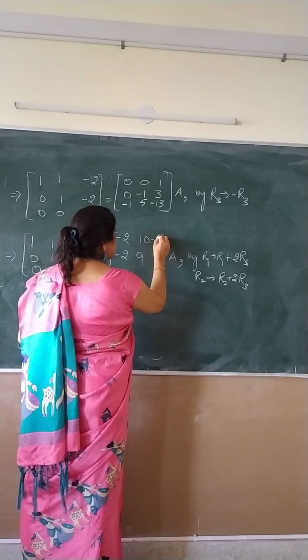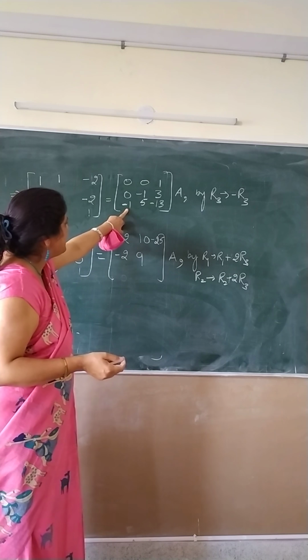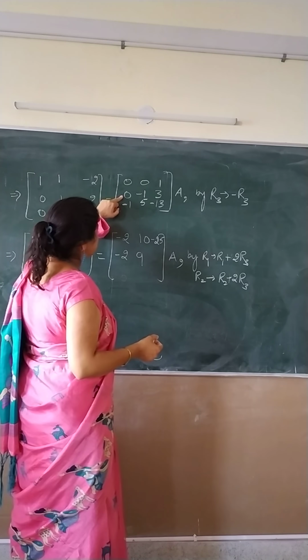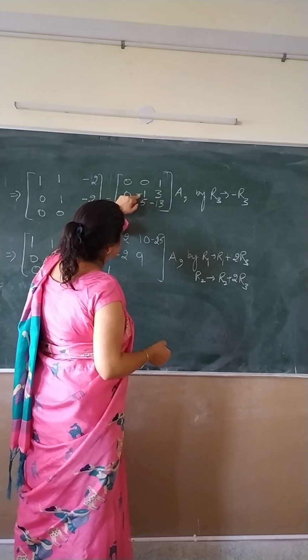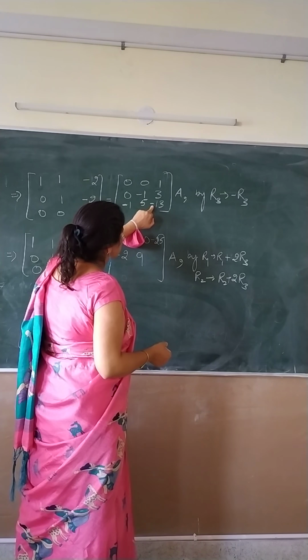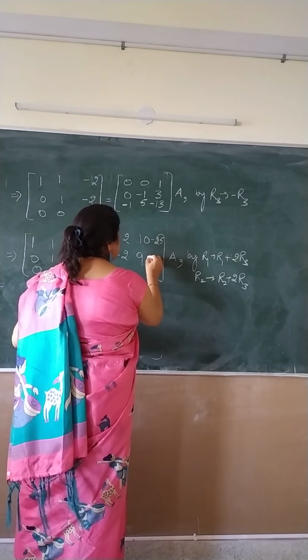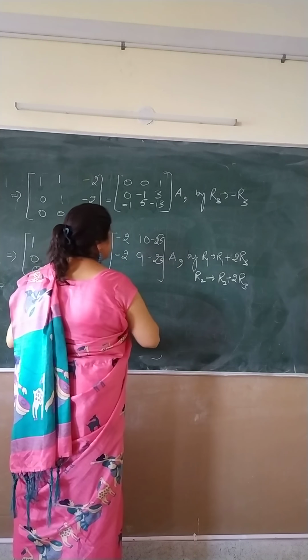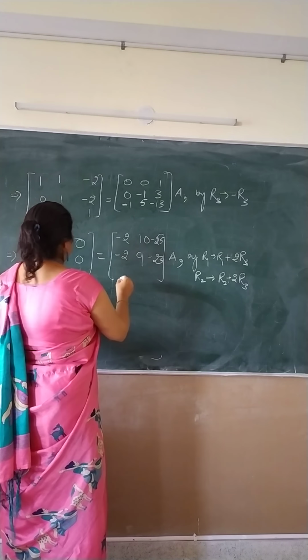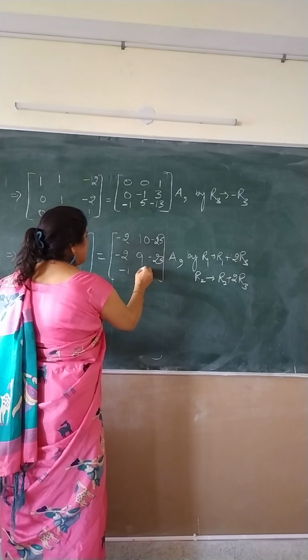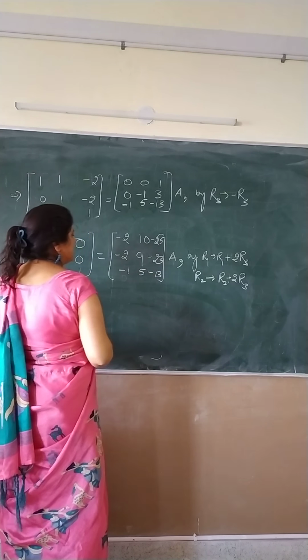That is why I felt this is -13. Right? This -2 multiplied by 2, 8, multiplied by 2, 9, multiplied by 2, -26 plus -23. Clear? And you will get -1, 5, -30.